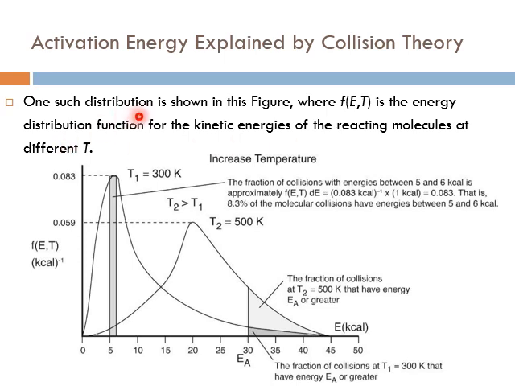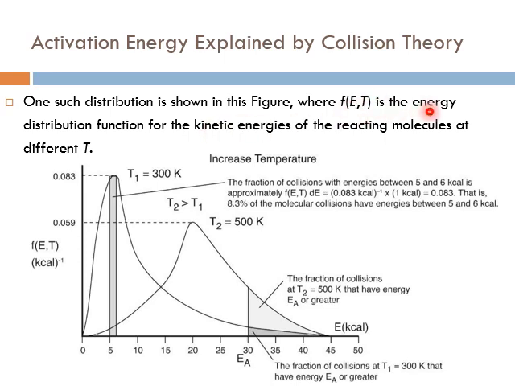One such distribution is shown in this figure, the distribution of the energy, where F, which is the energy distribution function, is a function of a given amount of energy and the temperature of the system.